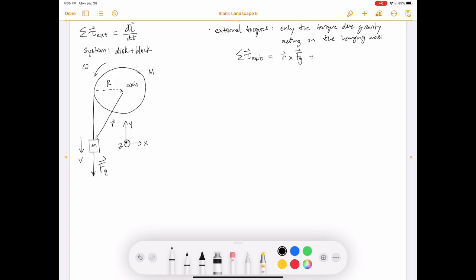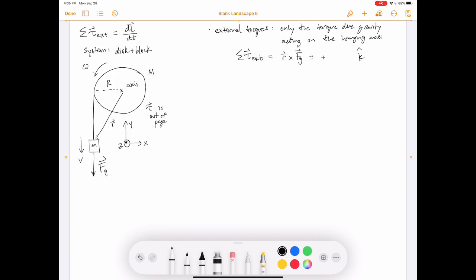Your thumb should be pointing out of the page in the positive z direction. So the torque is out of the page, which means it gets a positive sign. And then k hat is going to indicate we're in the z direction.